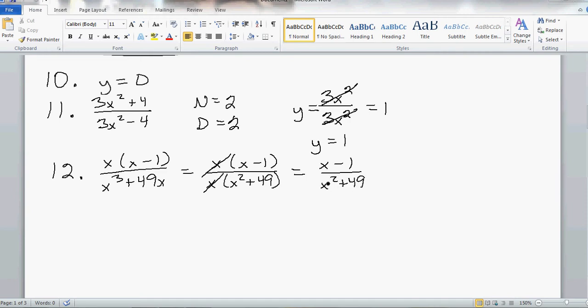Now this is about as simple as it's going to get, so I look. The degree of the numerator is 1. The degree of the denominator is 2. And so since the degree of the numerator is less than the degree of the denominator, then the horizontal asymptote is y equals 0.